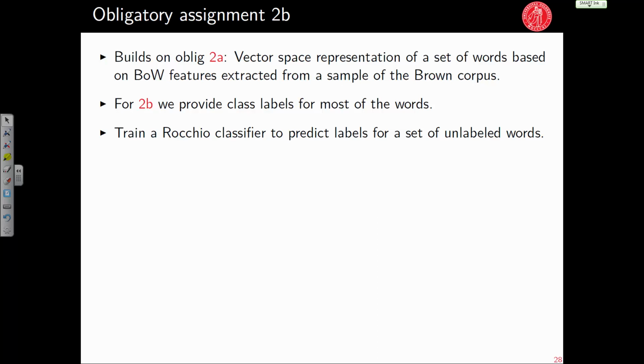These are the words I'm referring to here. Your task in 2B would be to train a Rocchio classifier that predicts the label of some of these words. Some of these 122 words will be unlabeled, but you will be using the vector representation that you made in 2A to do this computation.